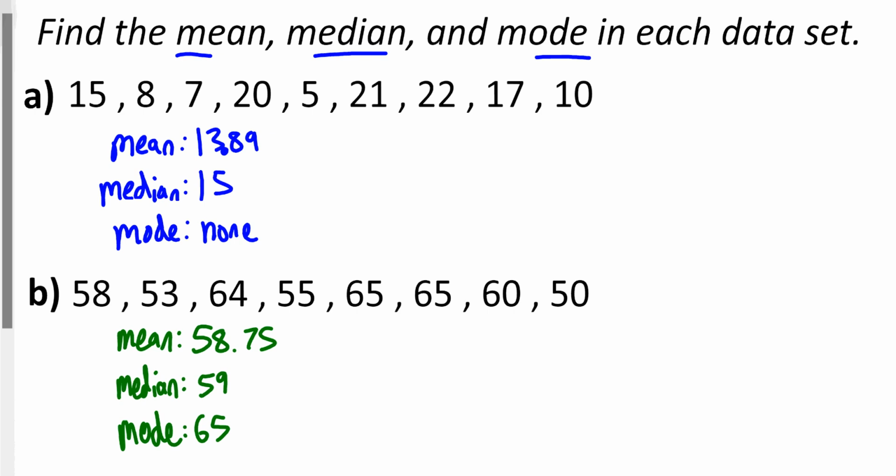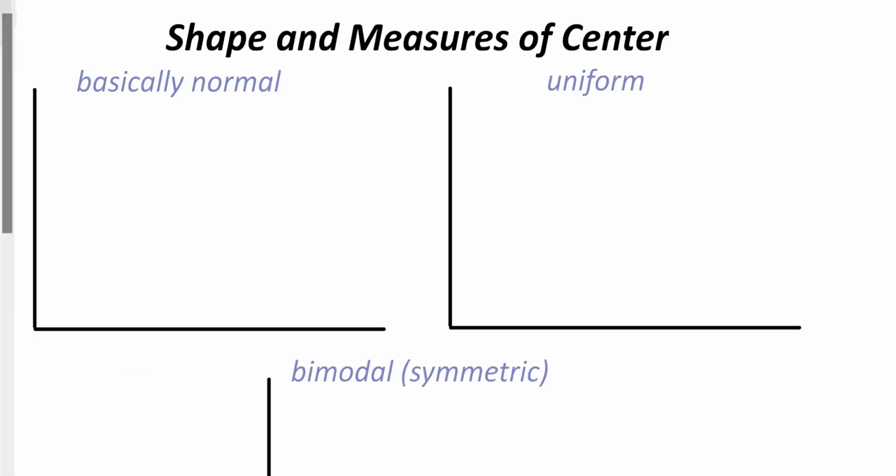Okay. Now, when we're looking at distributions of data, we've talked about these different types of distributions. But depending on what the distribution is, the mean, median, mode might be in different places. So let's start with a basically normal one, kind of that bell curve.